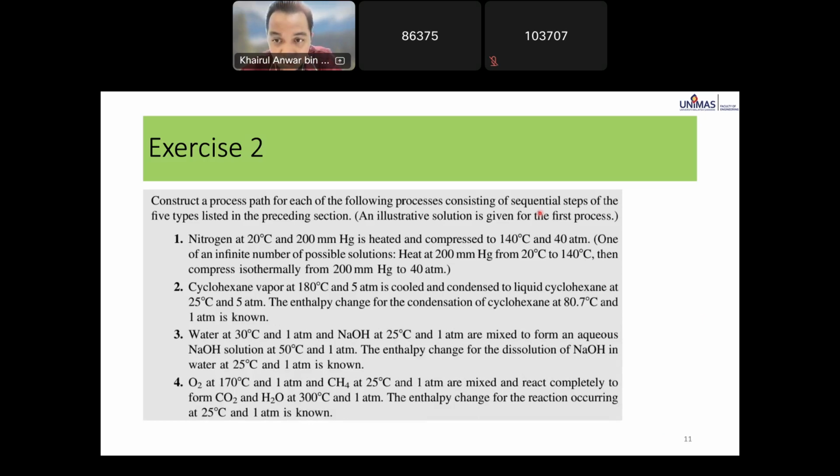It's only two, meaning heating the nitrogen from 20 to 140. That one is delta H1. Then delta H2 is to compress the nitrogen from 200 mmHg to 40 atm.